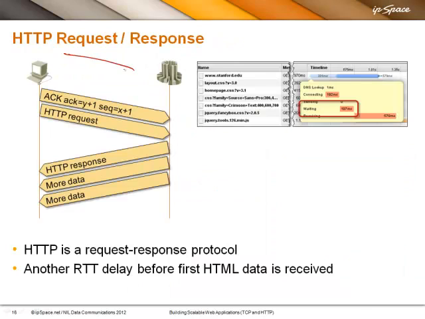So the first TCP SYN packets were sent, and the TCP session was established. Now I'm sending the HTTP request and getting the response. Yet again, here we have another round-trip time. This is the waiting phase, which when I was connecting to Stanford took another almost 200 milliseconds. So you see, I've spent 2 round-trip times before I got the first byte of data.